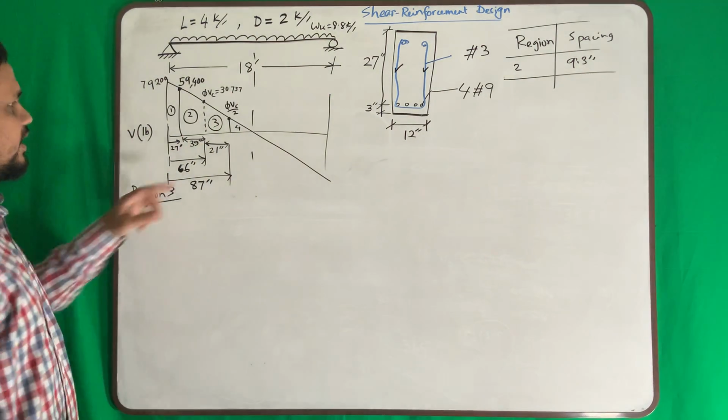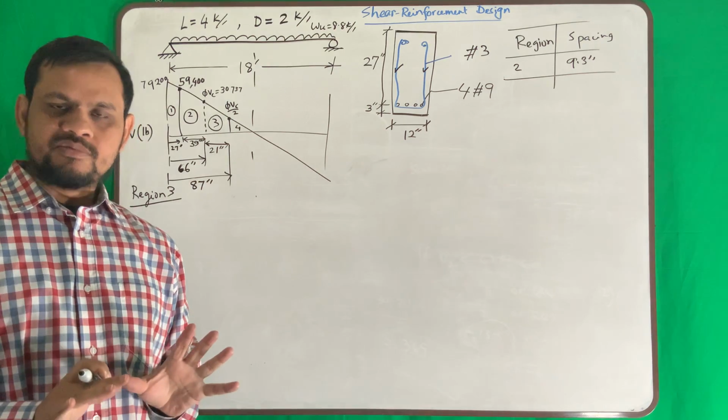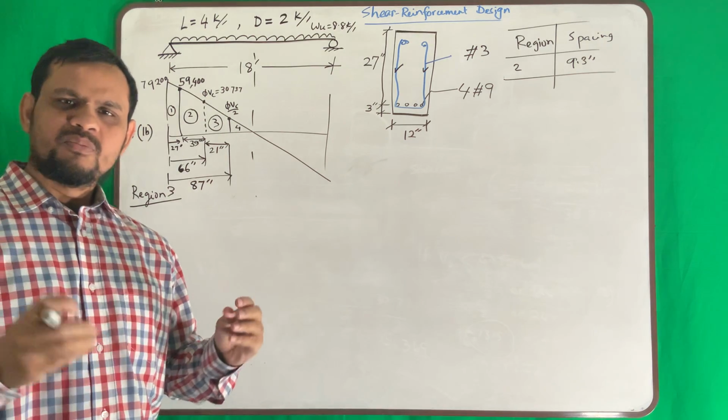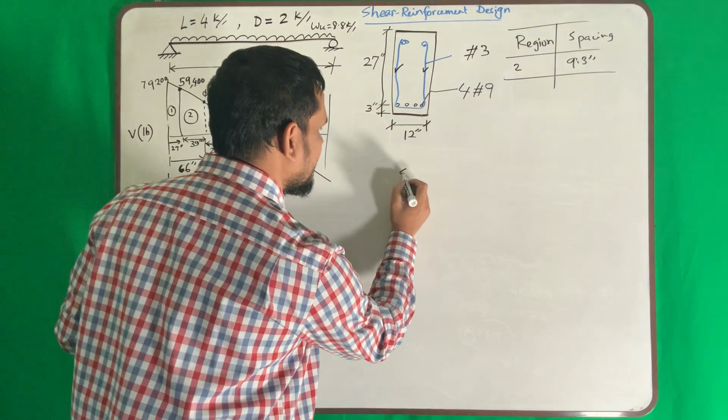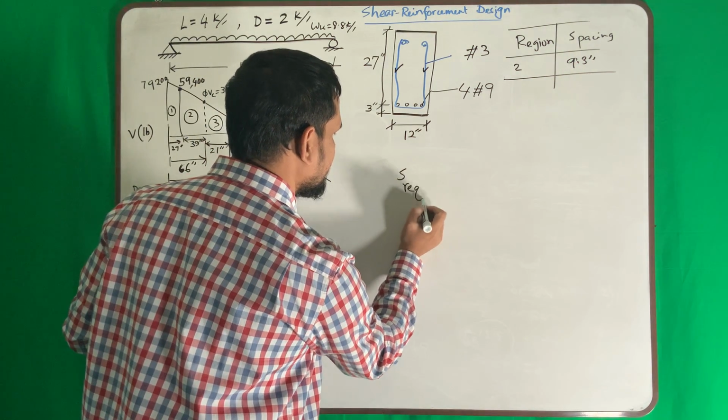Reason number 3, we do not need to provide any reinforcement, but the code says to provide the minimum. For that case, what is the S required?